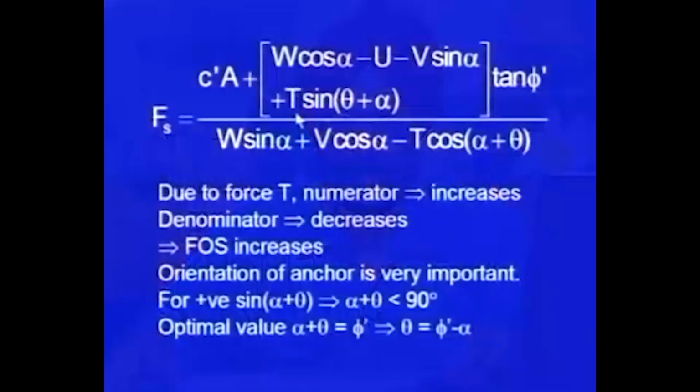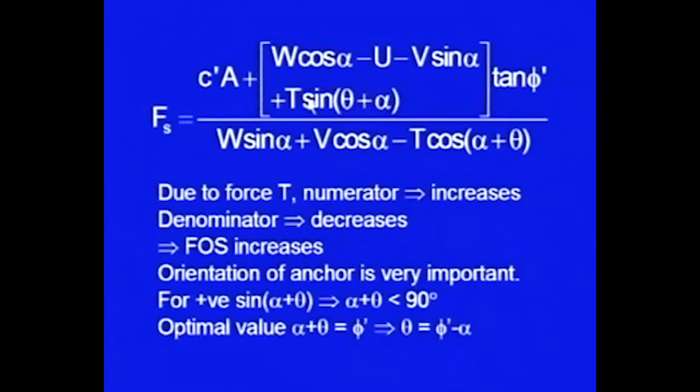Here you can see in this equation, if you compare it with the previous equations, or if you take T is equal to 0, then what is T doing here? What is the anchor? What is the effect of providing the anchor? You can easily analyze using this equation. Now, due to force T, you can see in the numerator there is this plus term. So, this is increasing, but it should be only up to certain value of this theta plus alpha.